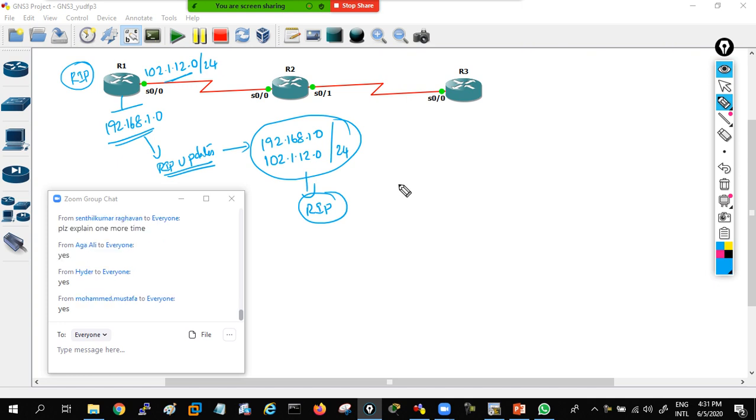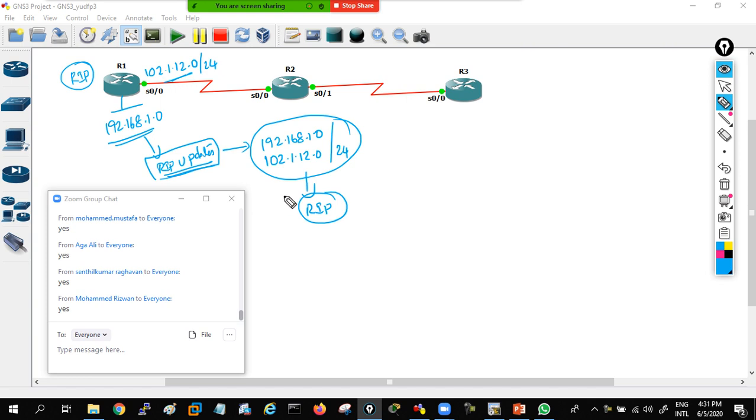Mr. Senthil, you understand this? Because you chose the RIP protocol, then you advertise inside RIP the 192.168.1 network and the 102.1.12 network. This we call RIP updates. Everybody okay, guys?